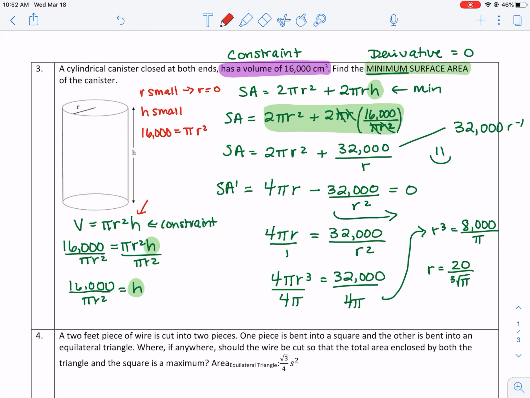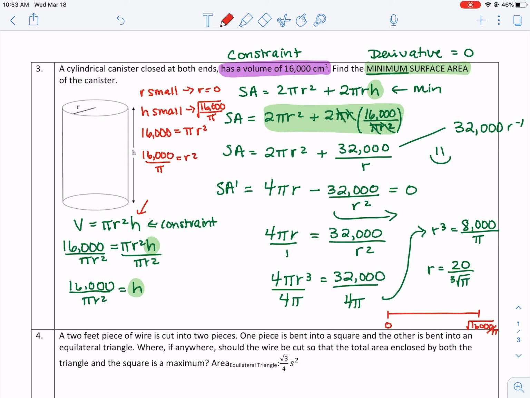So if that's the case here, we have 16,000 divided by pi is equal to r squared. That means that the biggest value for r is going to be the square root of 16,000 over pi. So r, when we're checking, has to be somewhere between 0 and the square root of 16,000 over pi.